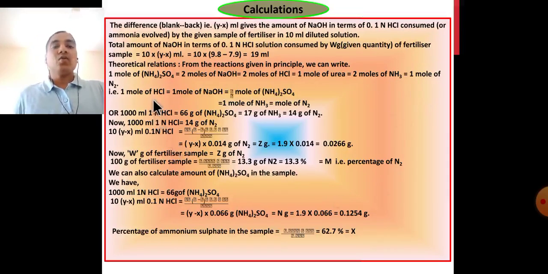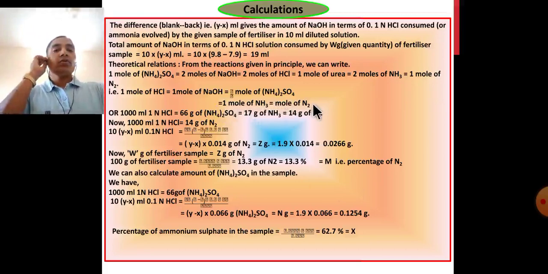That is, 1 mole of HCl is equal to 1 mole of NaOH is equal to 1/2 mole of ammonium sulfate is equal to 1 mole of ammonia is equal to 1/2 mole of N2.